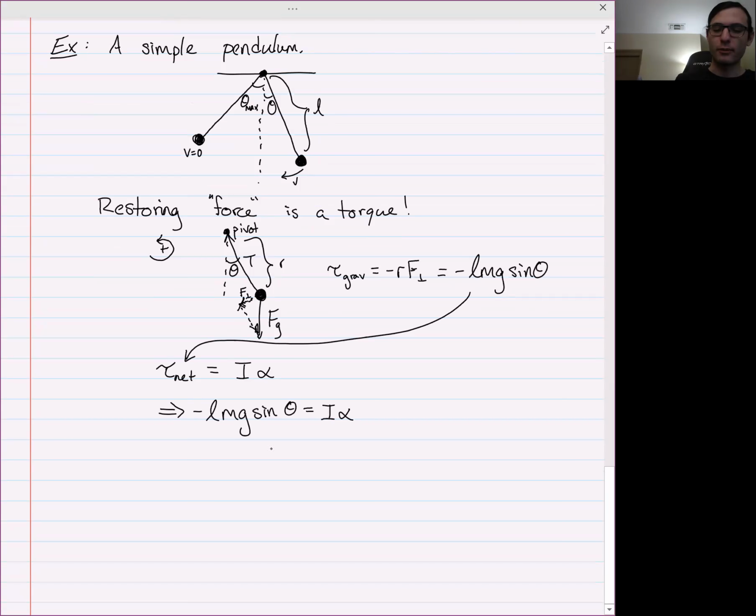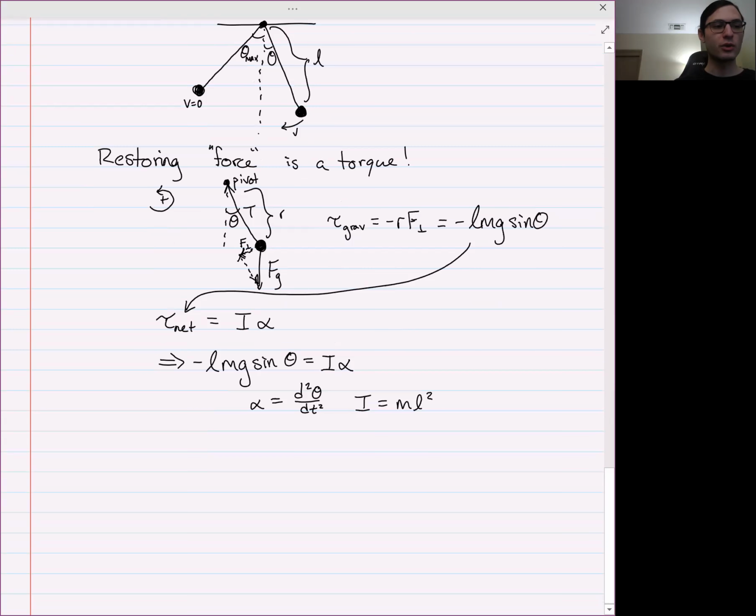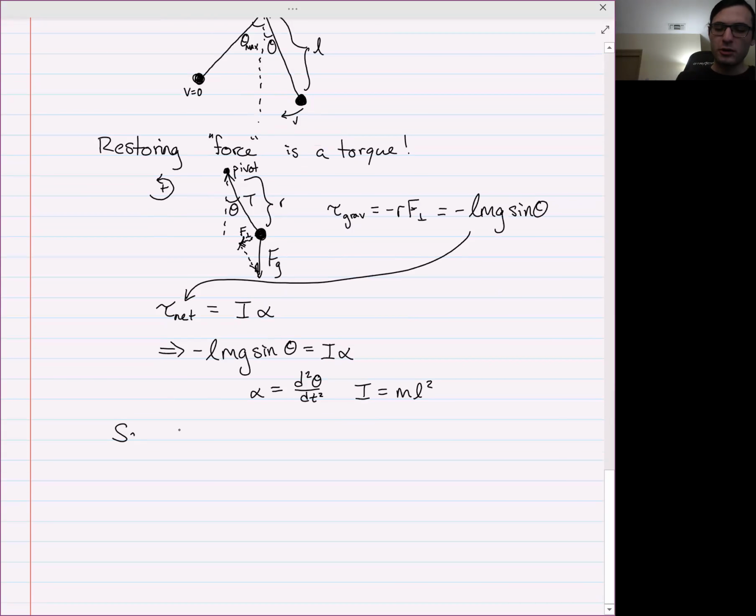First of all, remember that alpha is the angular acceleration, which just means it's the second time derivative of the angle, of the angular position. And for a point mass a distance L away from the pivot, the moment of inertia is just m L squared. And so we can rearrange this to find the equation of motion of the simple pendulum in terms of the variables that we presented.